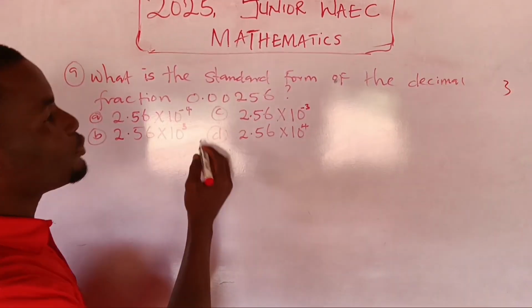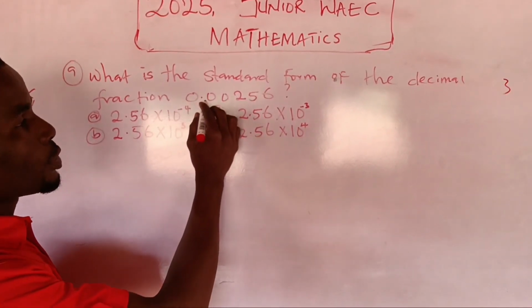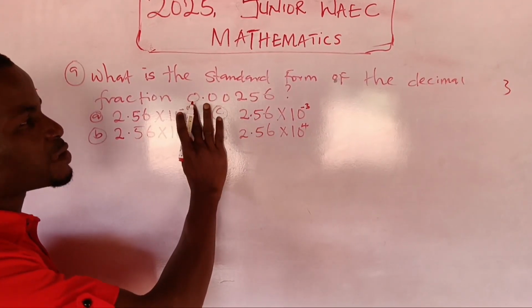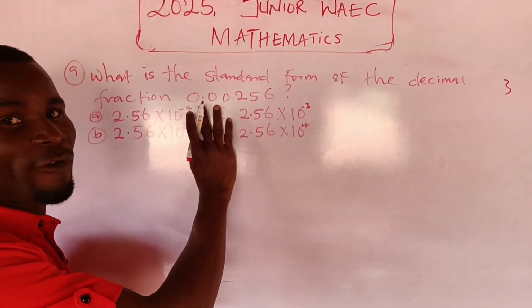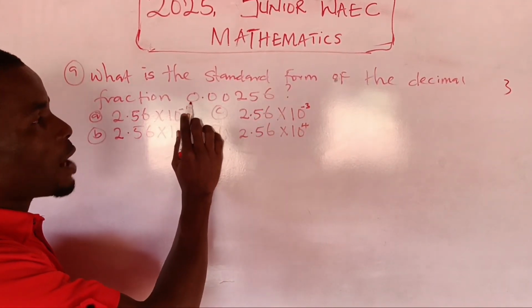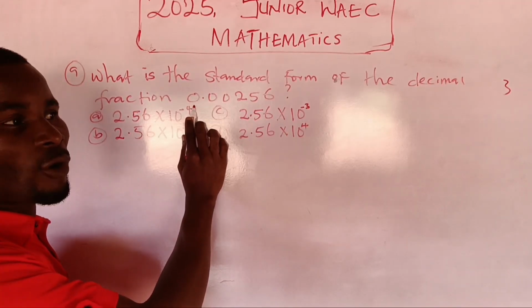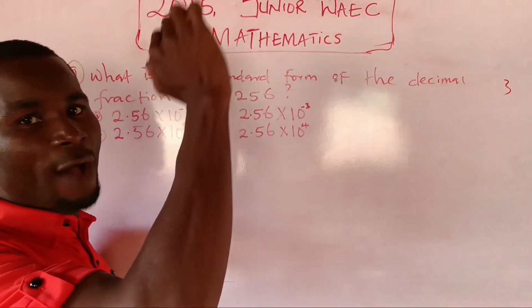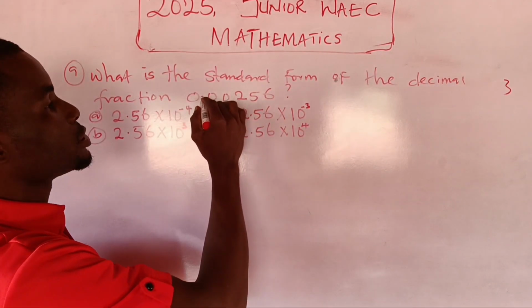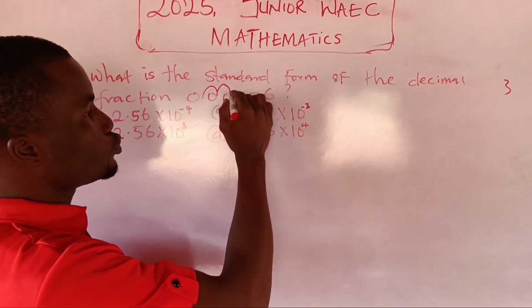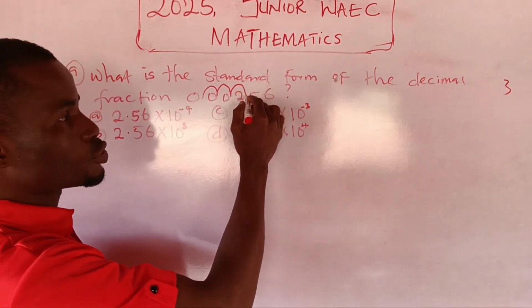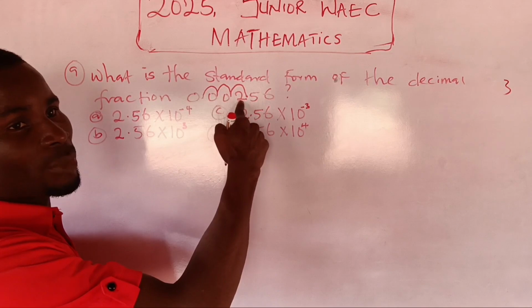So to solve this, what do you do? I told you before, because this is a standard form, it has a format. As it starts from 0, the power will have a negative sign. Let's count. 1, 2, 3. You stop here, because this is where the number starts.